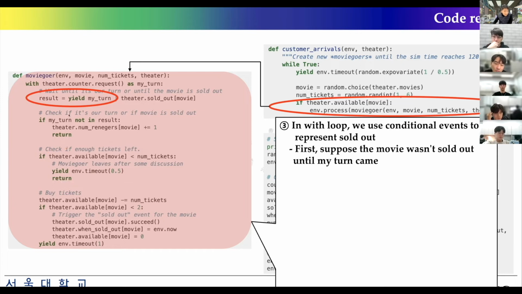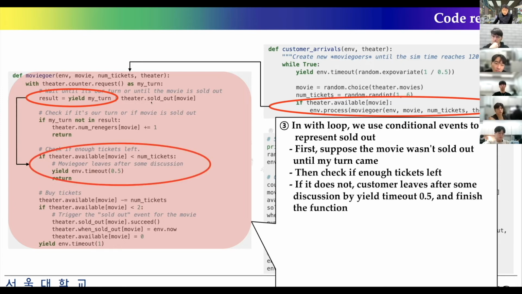So let's assume that the relevant movie's ticket is not sold out. So this part will be skipped. So let's go now. This part is skipped to here. So now check the number of tickets. If the remaining tickets are bigger or smaller compared with the number of tickets that the moviegoer wants to buy, that is this part.